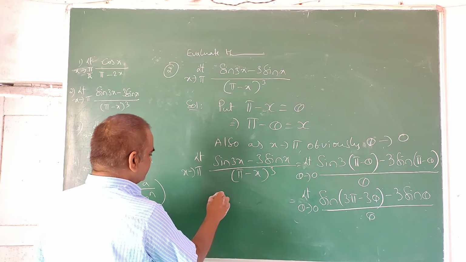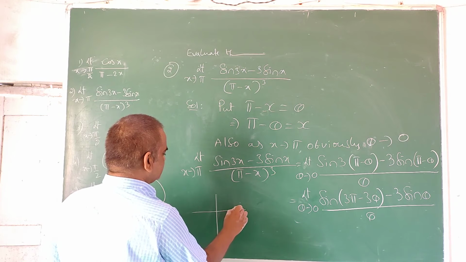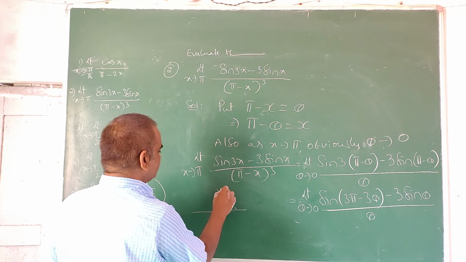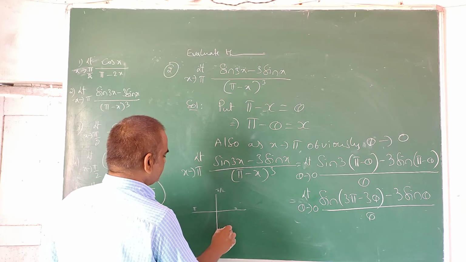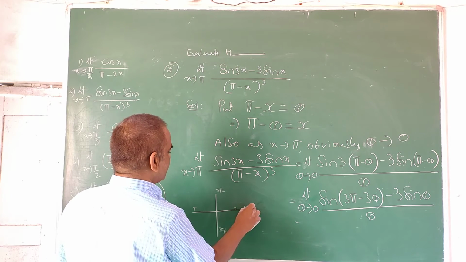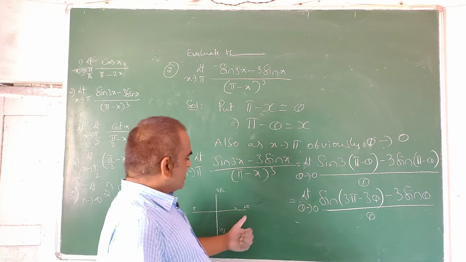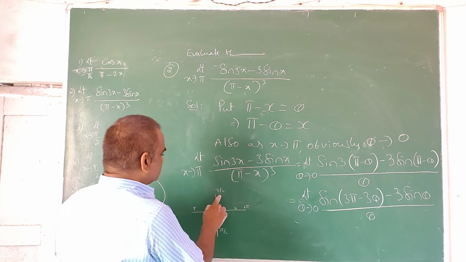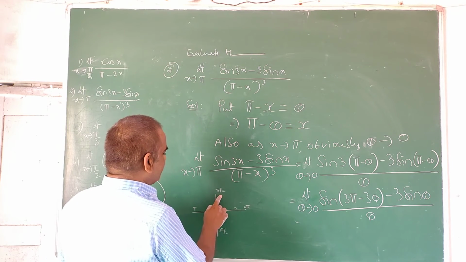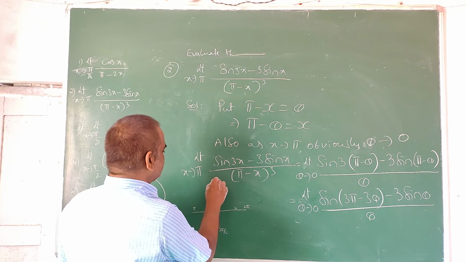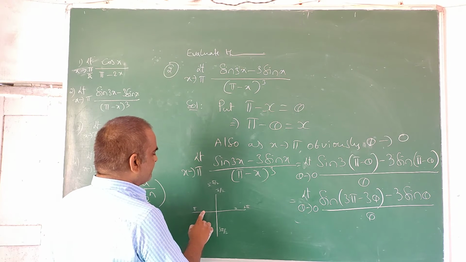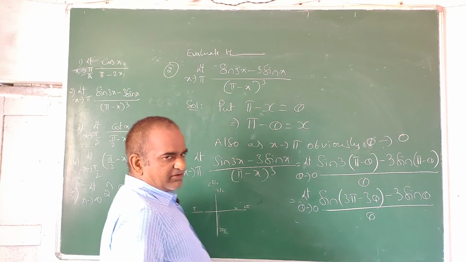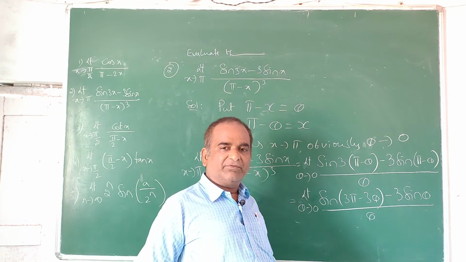Now you see, here just take rough work. So this is 0, this is pi by 2, this is pi, this is 3 pi by 2, this is 2 pi, right? Are you following? So this is 2 pi plus pi by 2. Now pi by 2 plus pi by 2, which is 6 pi by 2, right?